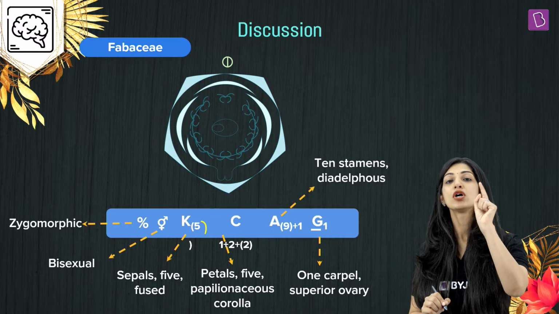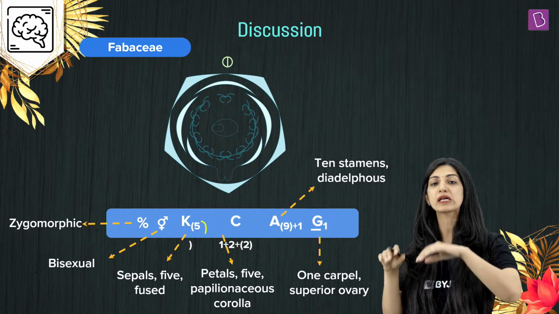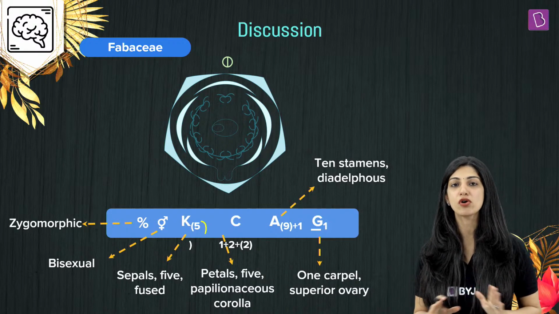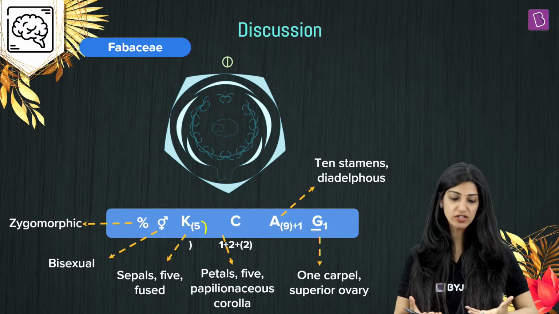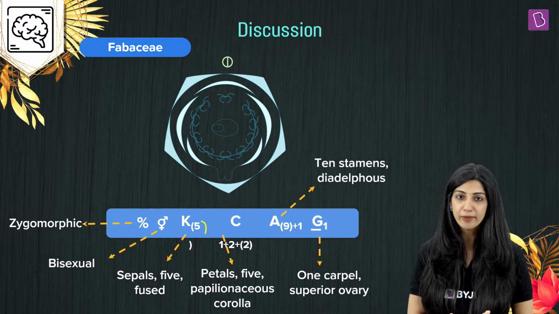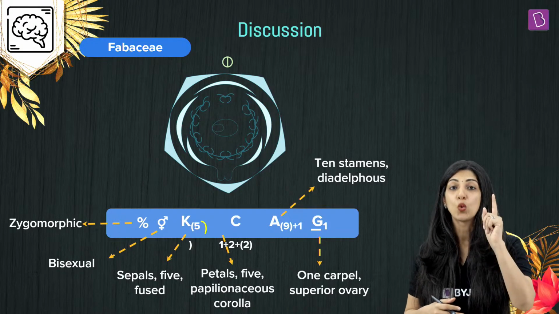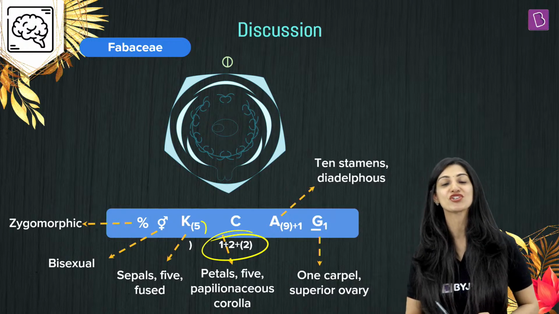I don't want you to be troubled with the entire formula, get scared, go for negative marking, cry about it. Let's solve this problem today, once for all. Now, there are many special features, all are special features of the family, the symmetry, the sexuality, the sepals. What you will look for is the vexillary estivation.